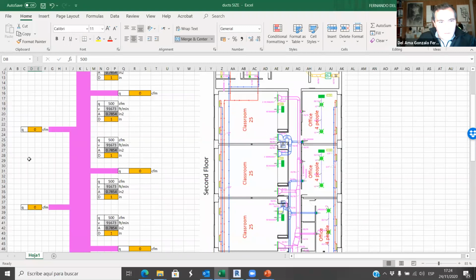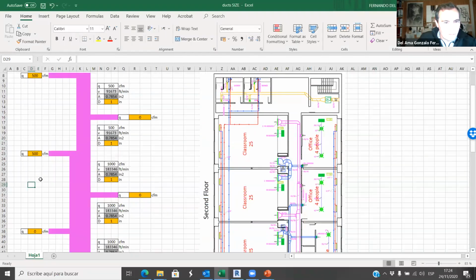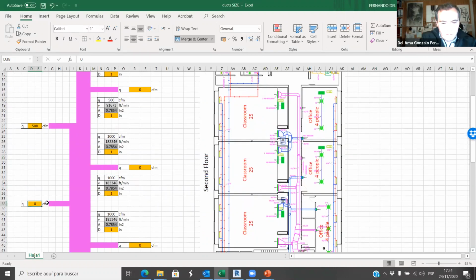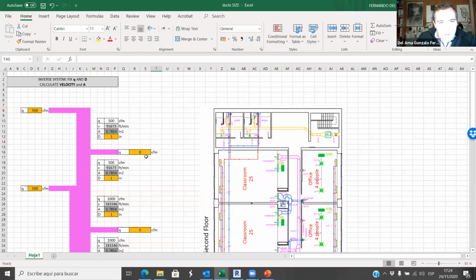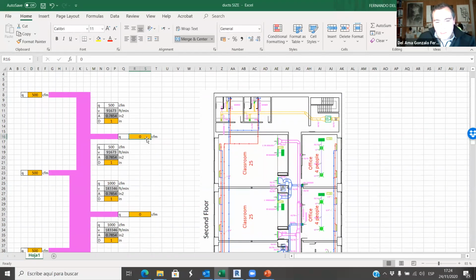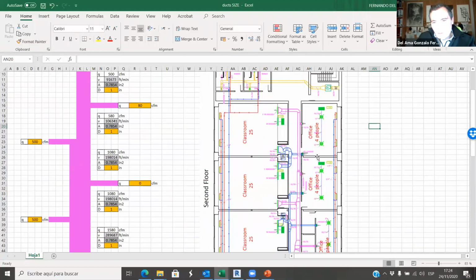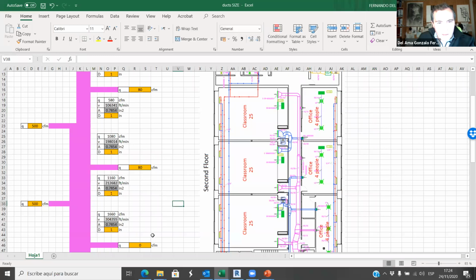We have 3 classrooms, and each classroom is 500. Now this flow here, it's 4 people times 20, so this is 80. So we have 4 people, 4 and 4, so this is 80, 80, and 80.